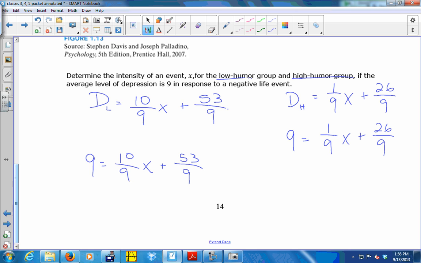Any ideas? We'll start with the low humor group. Katrina. Multiply both sides by 9. So what was it that prompted you to do that? Denominators of 9. So you're thinking, okay, I have denominators of 9. If I multiply by 9, I'll get rid of the denominators.